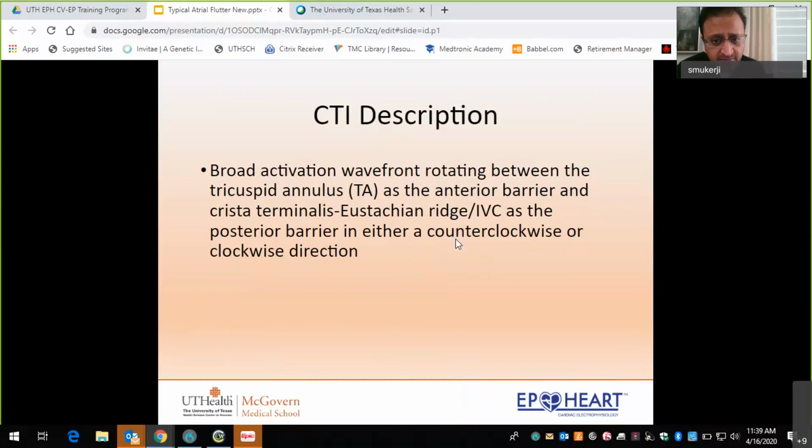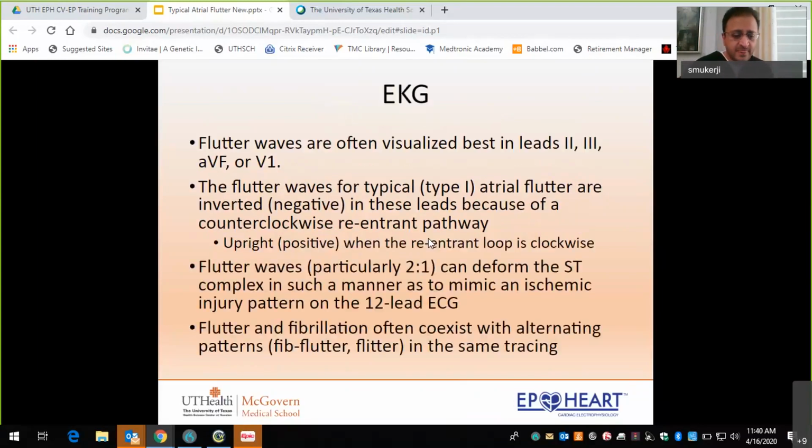The posterior barrier is the other part, or the eustachian ridge, like it says over here. Hopefully you'll get a better idea of what I was trying to explain with that anatomy. I'm trying to emphasize the anatomy because that's all it takes.